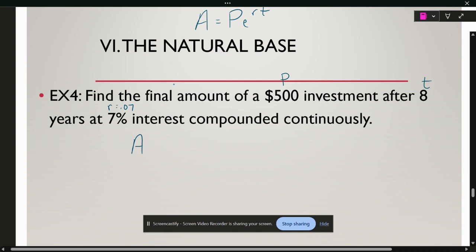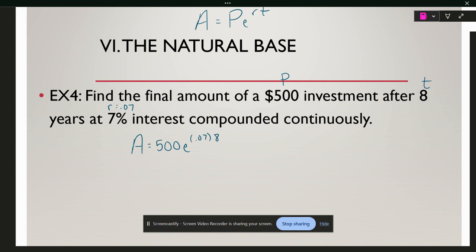So A is equal to 500 times e to the 0.07 times 8. So once again, if I'm doing this in my calculator, you can either write it all out at one time. A lot of you will probably be able to do that.